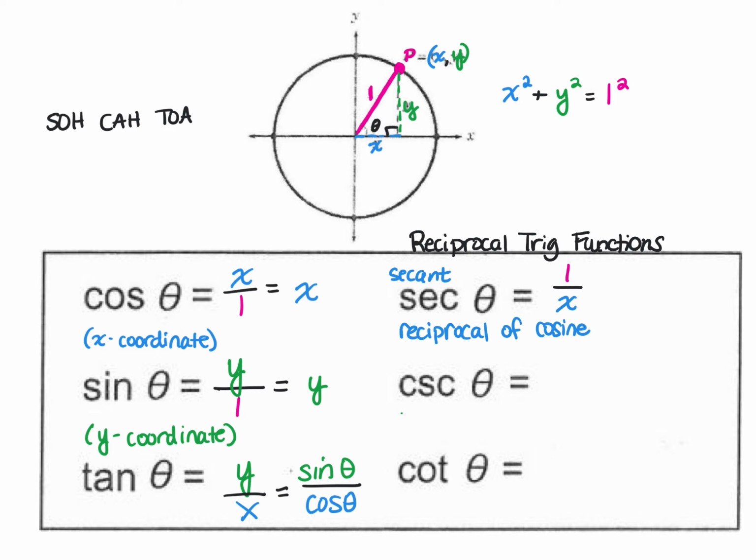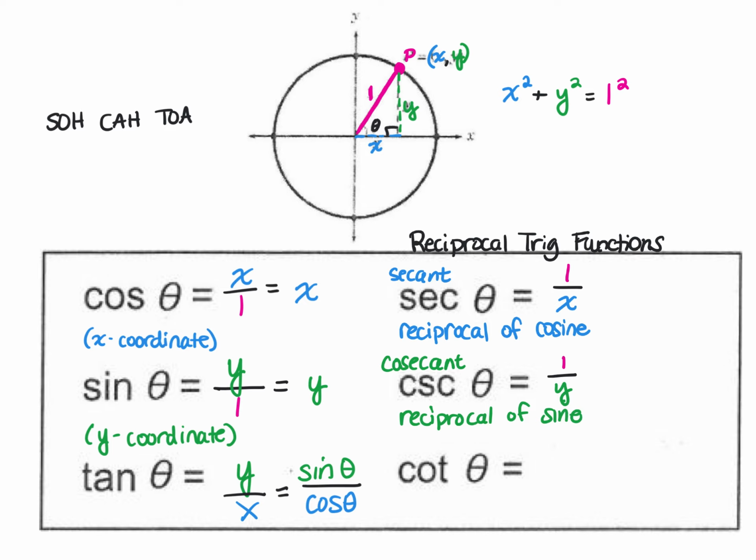Cosecant then is going to be the reciprocal of sine. And what I said there was cosecant. So the reciprocal of sine then would be 1 over y. Or you can just literally think of it as flipping the fraction, whatever the sine is.